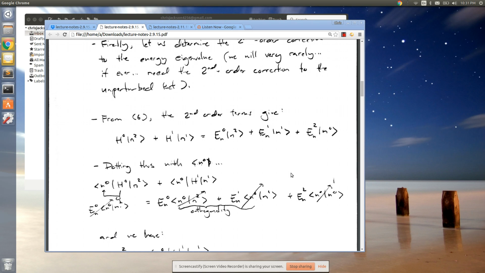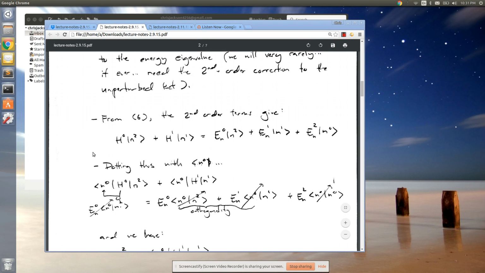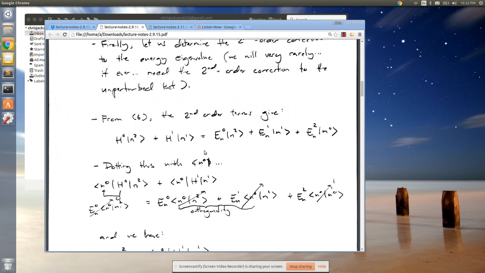And then we talked a little bit about second order terms. In particular, we focused on computing an expression for the second order correction to the energy. We started with our full eigenvalue equation, expanded everything out, and then matched terms to second order.